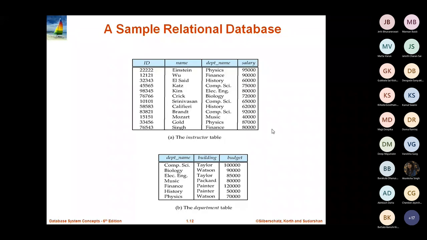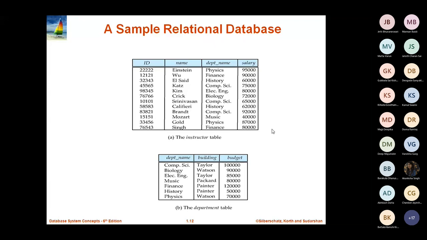So I have another table called department. Now we have a very simple database which has these 2 tables or 2 relations. So this is a sample of a very trivial relational database.